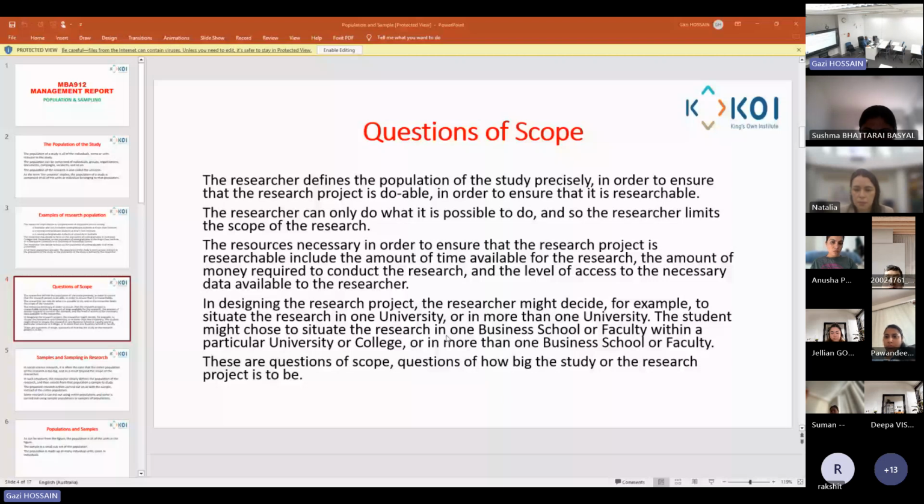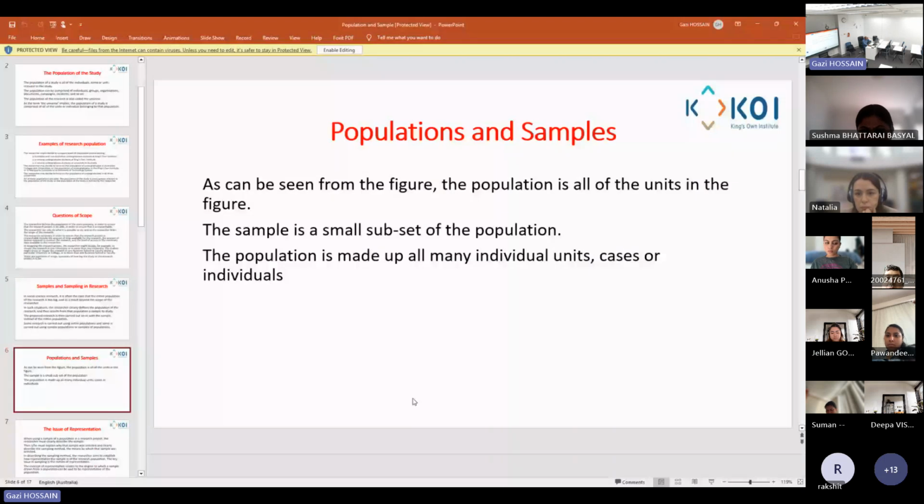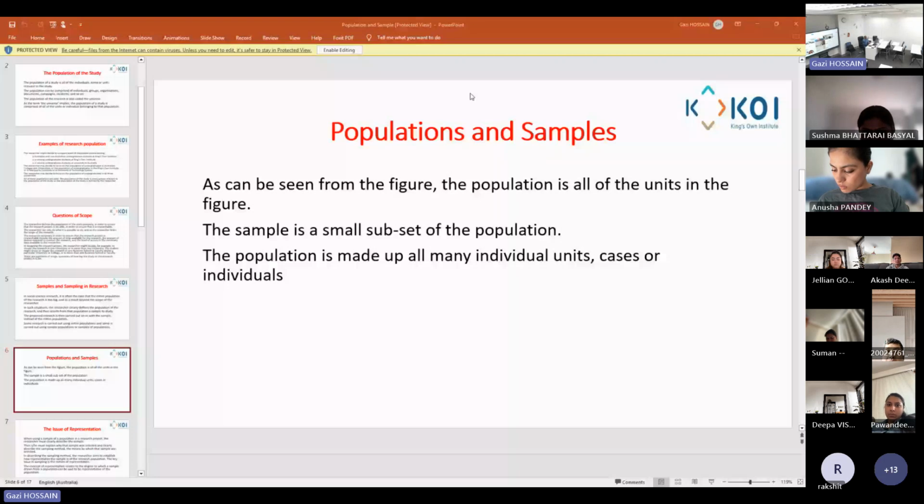Now, when you will be drawing your sample, what should you do? This is my question to everyone. Say, for example, our population is 39,000, and within it there are different characteristics or different features of the population.